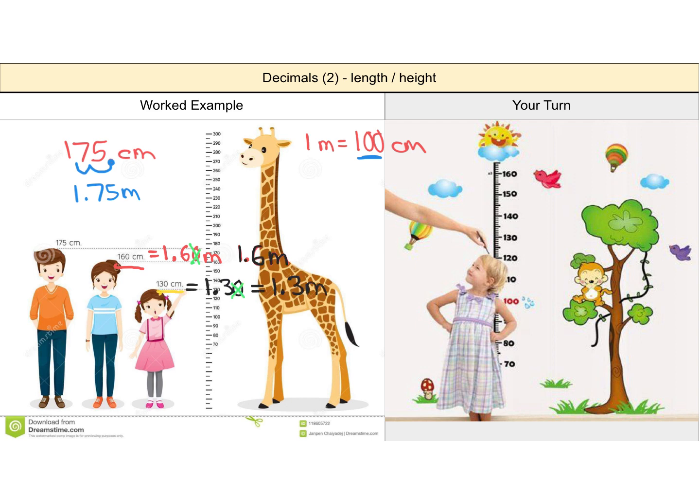And if the girl is 130 centimeters, that means she's 1.30 meters, which we can then shorten to 1.3 meters. Now your turn. Since the girl is 122 centimeters tall, we would take the current decimal and move it 2 spaces to the left, which means she is 1.22 meters tall.